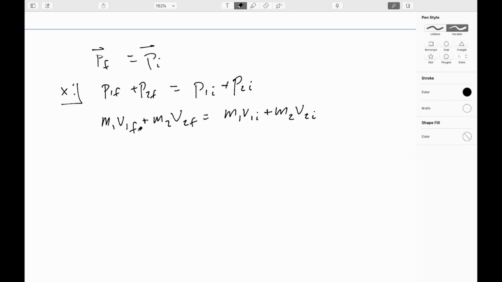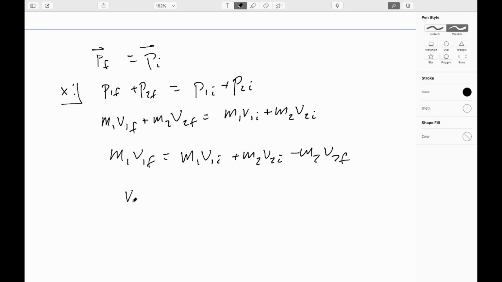So we can rearrange a bit. Here we're just doing algebra for a sec. So M1 V1 final equals M1 V1 initial plus M2 V2 initial minus M2 V2 final.